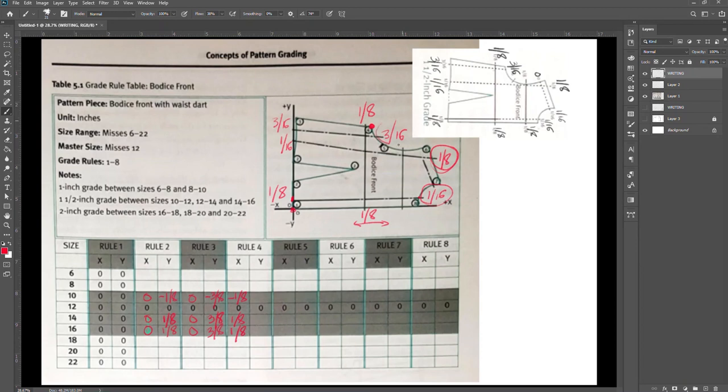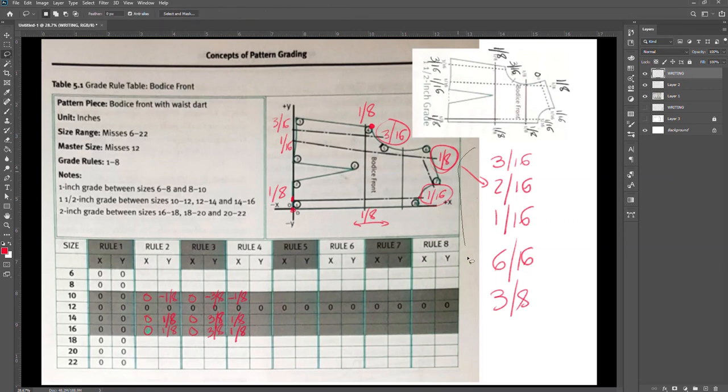So I know that's kind of fuzzy because it would be some kind of in-between number in the middle there of some of those lines with different numbers on either end, but it's your grade rule, so as long as you are confident, you should just pick the side that it's closest to. So I am adding up all those numbers and getting 6/16 again. So we are at 3/8 again.